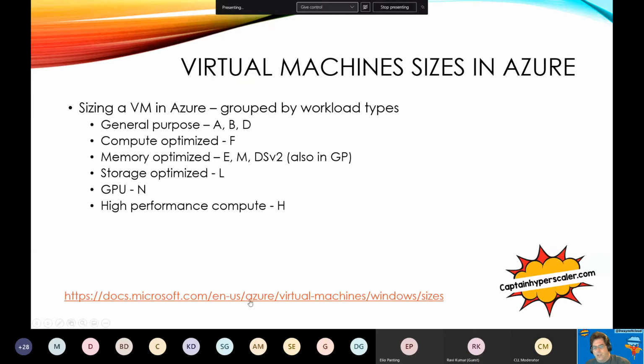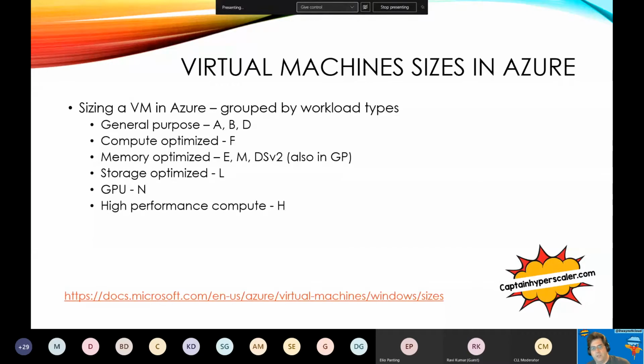I have a link here that goes a lot deeper into the Azure sizing, but I wanted to make sure I covered it within today's session, and that's the sizing within Azure.